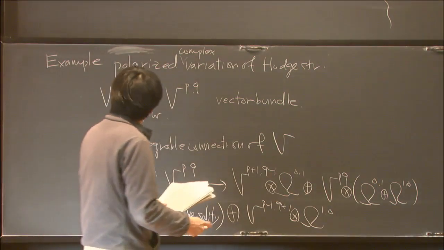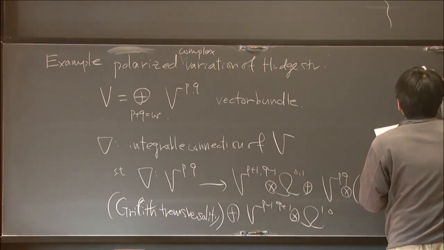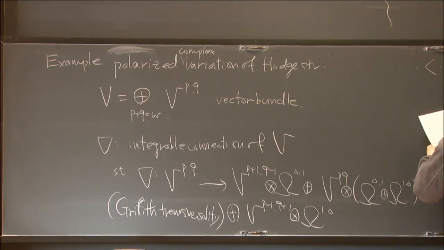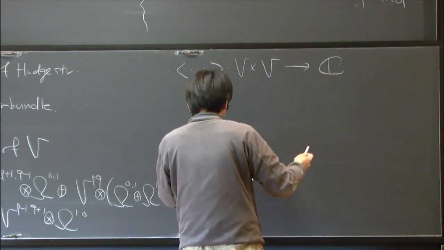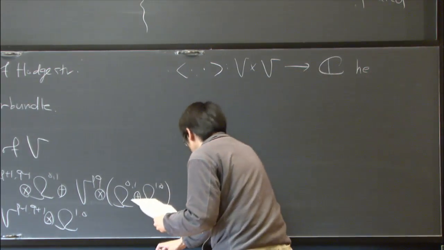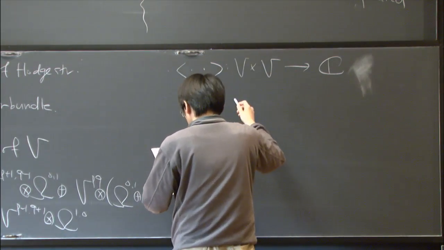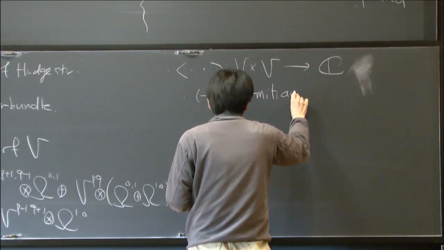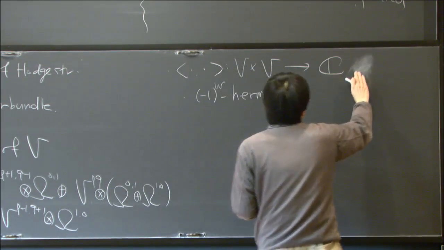So this vector bundle, flat connection, and polarization, which is a flat pairing, sorry, a Hermitian pairing, and this is flat.